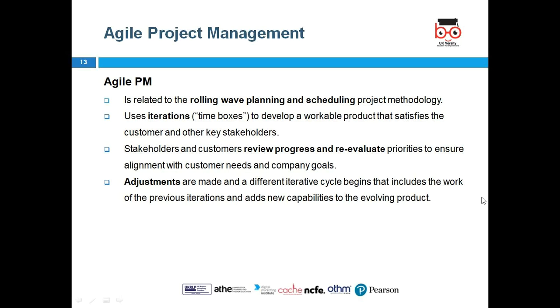Simple. You use iterations to develop a workable product that satisfies the customer and key stakeholders. If we look at the simple definition, agile is adaptive. You select the strategy according to the team and the interaction of the clients.